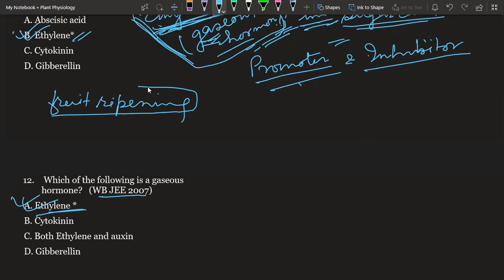Ethylene is very important for fruit ripening. This was discovered in fruit stores, where fruit goes down.